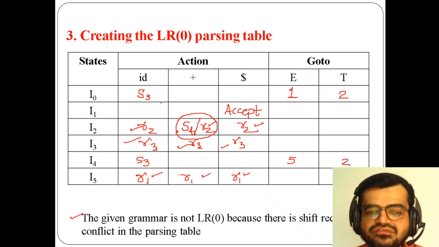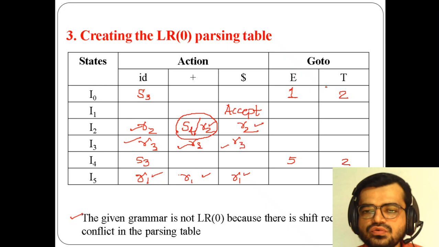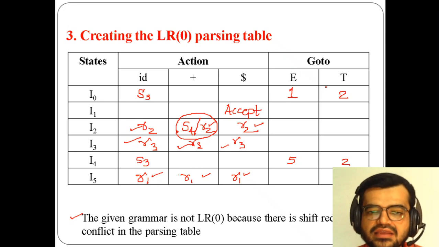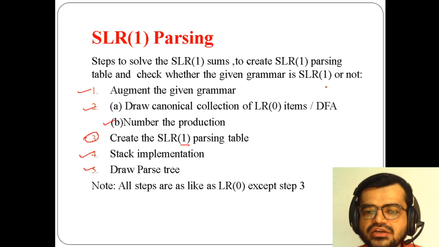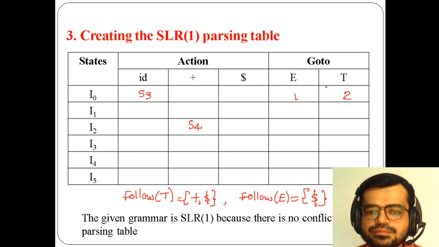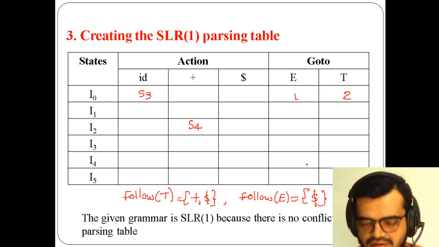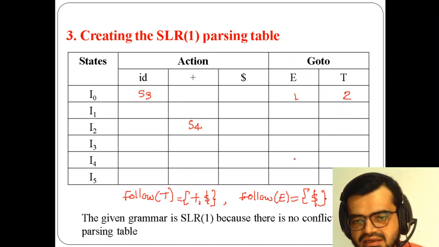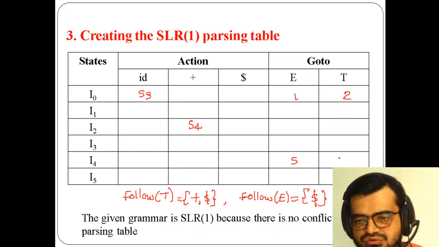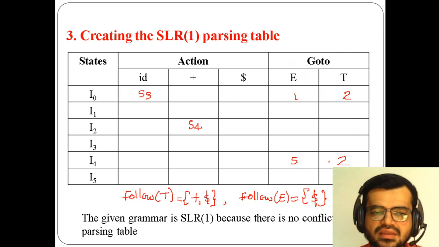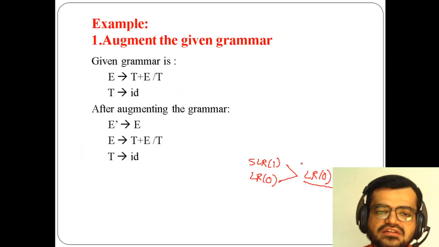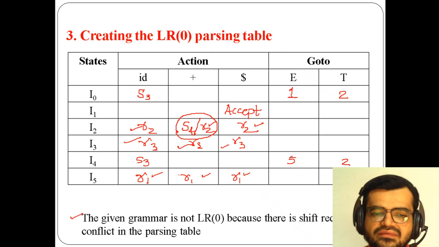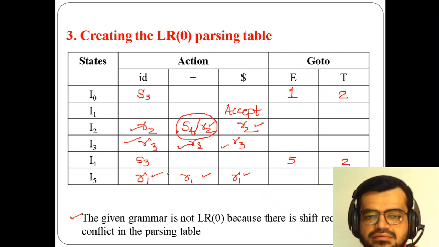Because the shift operation and the go to operation are the same as in LR(0), I'm taking the same thing. In goto, 1 and 2 are there for I0, and for I4 it is 5 and 2. So I'm writing 5 here and 2 here. And what are the shift operations which are still left? Yes, it is left in I4 for ID, S3.